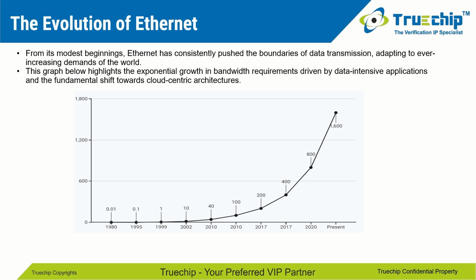This graph perfectly illustrates the rapid evolution of Ethernet over time. As you can see, the progression from 2002 to 100 Gbps in 2010 was steady. However, the growth curve has become much steeper in recent years. By 2017, we had 200G and 400G Ethernet, and now we are in the era of 800G with 1600G on the horizon.